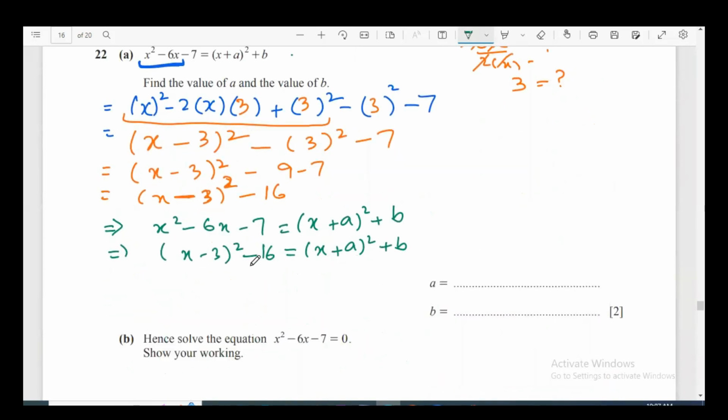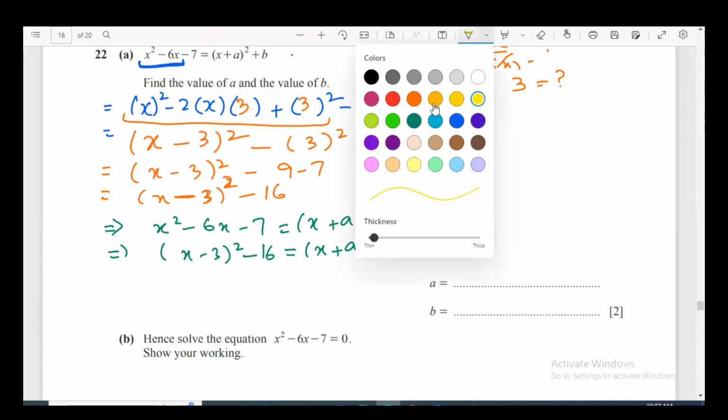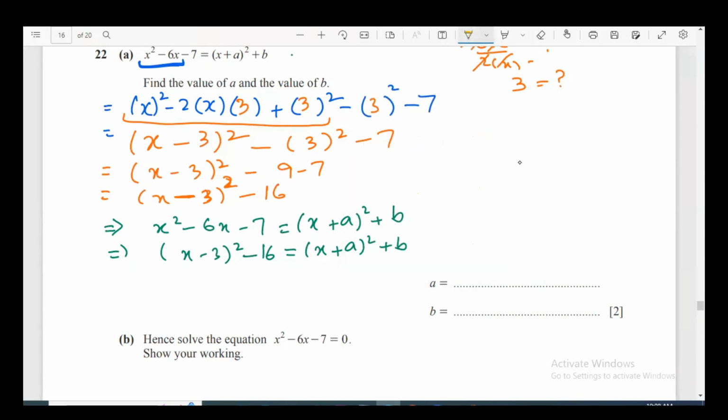Now by comparing, we get the values of a and b. Same here, minus 3 is the value of a, and minus 16 is the value of b. Minus 3 and minus 16 are the values of a and b in this part A.